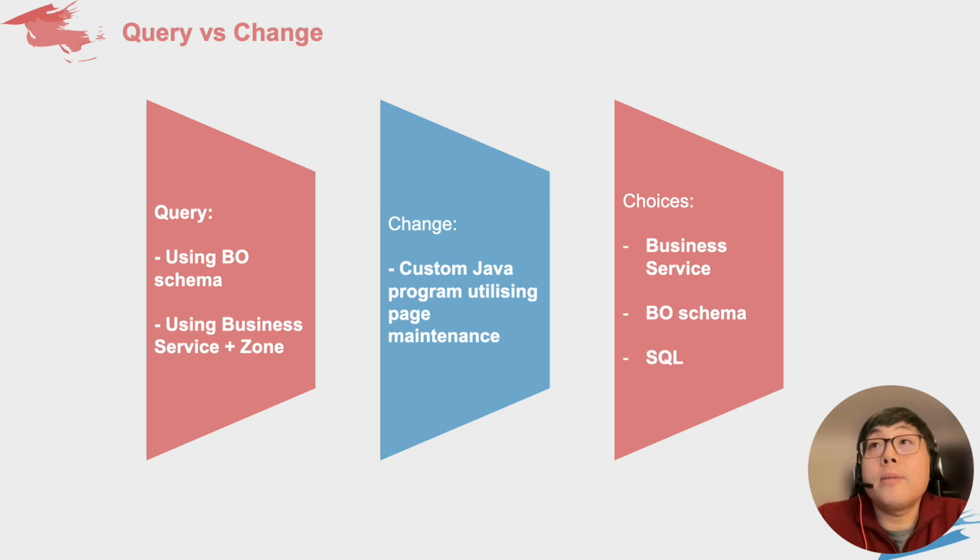In that case, you can write a custom program doing a very specific thing for you, rather than going through the business objects. And these programs can be reused by other people. That gives us a few choices: business service, business object schema, or SQL. In different cases, we will look at what is more suitable to use for each of the options in our later discussion.